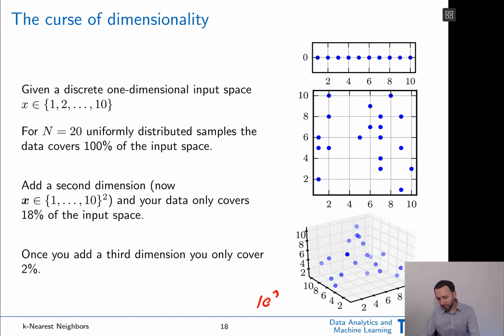Again, having 20 training samples, you only cover 2% of your space. Simply speaking, one intuition of the curse of dimensionality is that the space becomes rather empty. If you have a very high dimensional space and only a finite amount of training samples, your space will most likely be very empty.